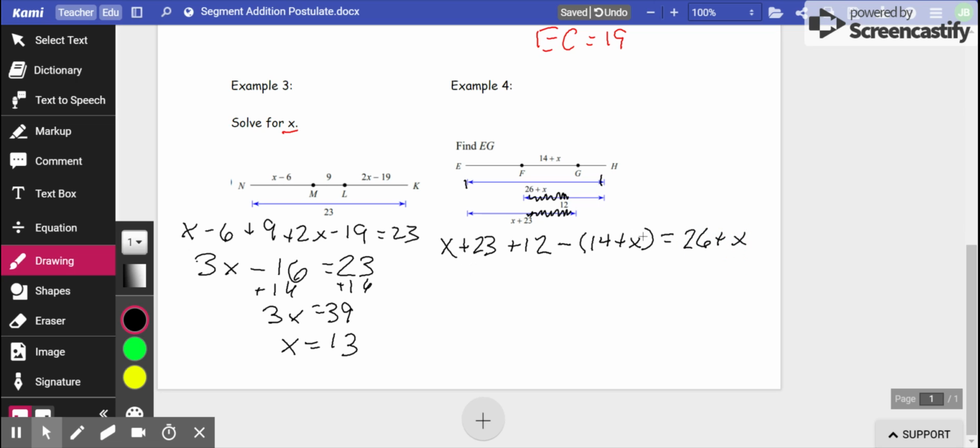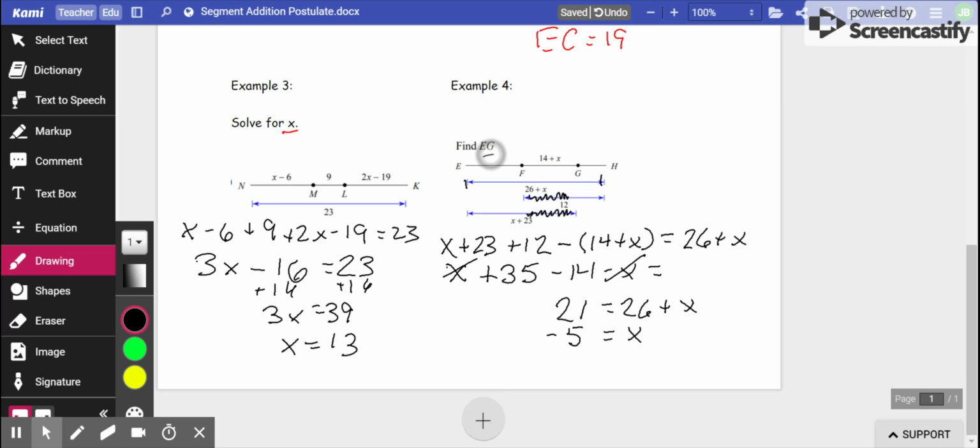Now, if I go ahead and do my algebra work here, I get x plus 35 minus 14 minus x. I'll work on the other side in a sec here. Cancel the x's. 35 minus 14 will give me 21. The other side is 26 plus x. Subtract 26 over, and I get negative 5.